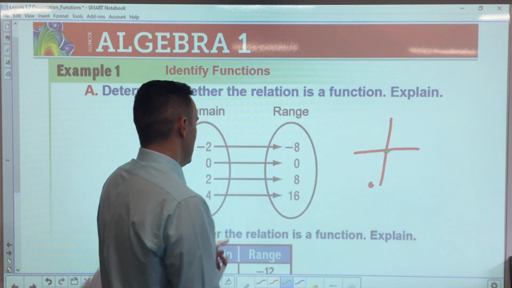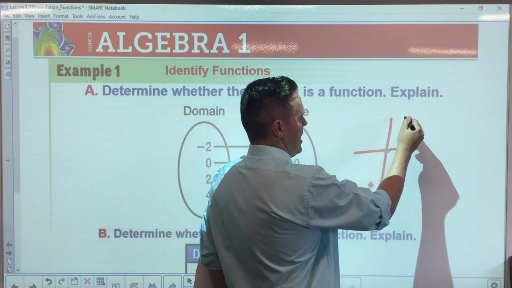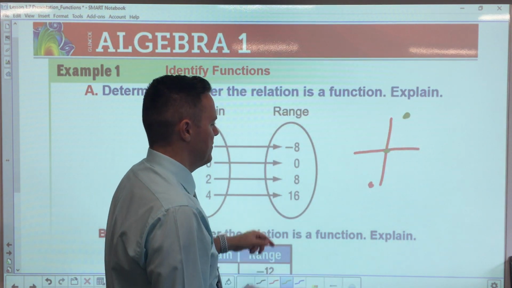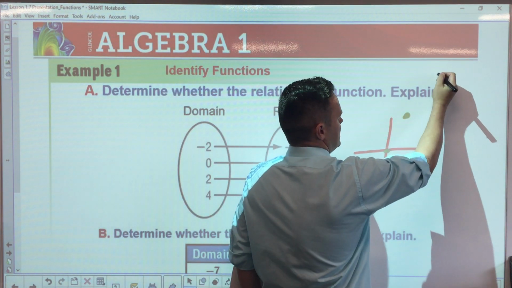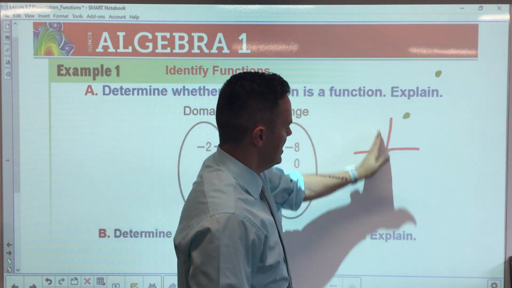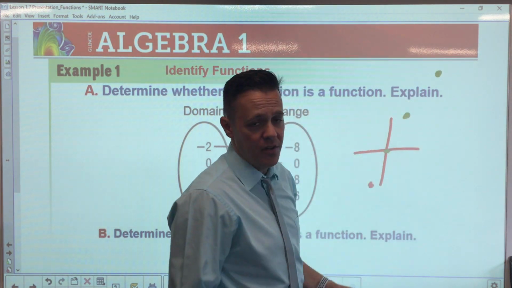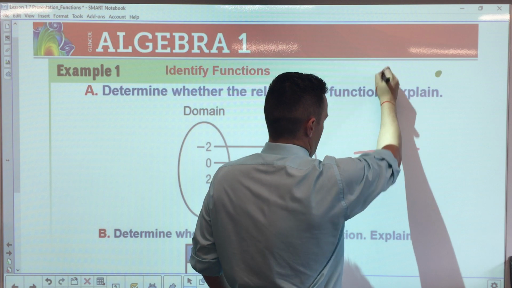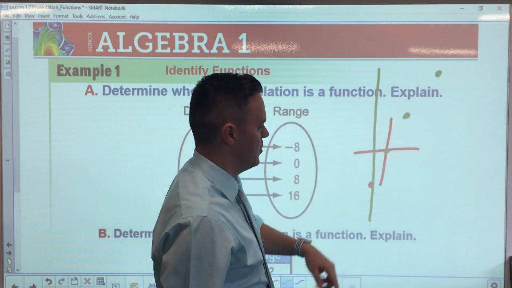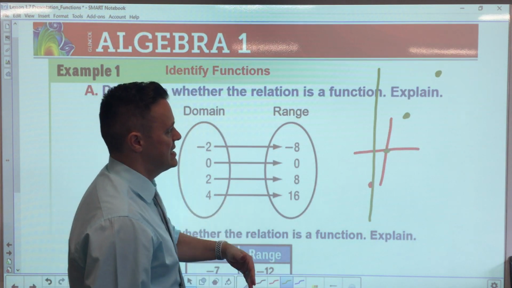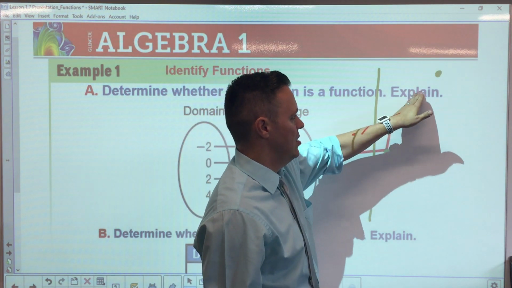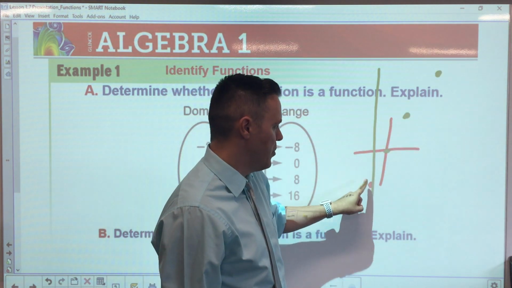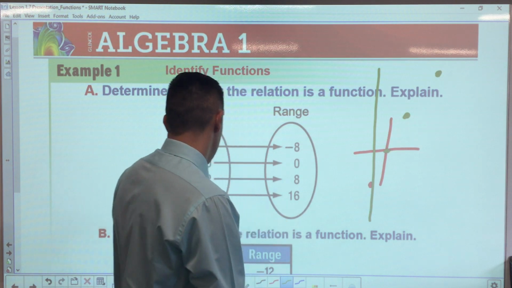Change colors. Okay, and then 2, 8, so 2 over, 8 up, so you got something way up here. And then 4, 16, so you're way up here. If you do what's called the vertical line test, so if I draw a straight line through this point right here, -2, -8, does it cross another point? No, it only hits one point, so it is a function, okay?